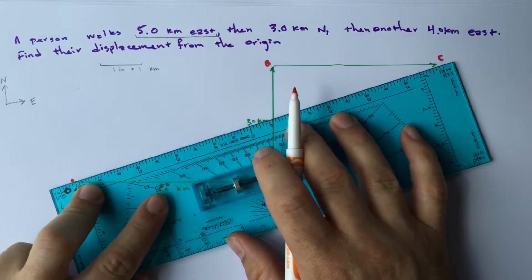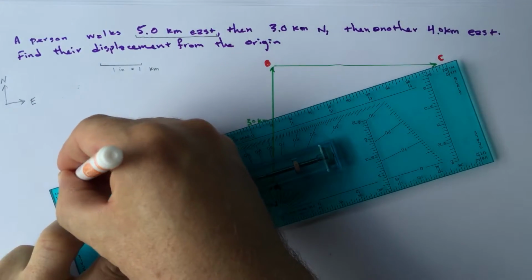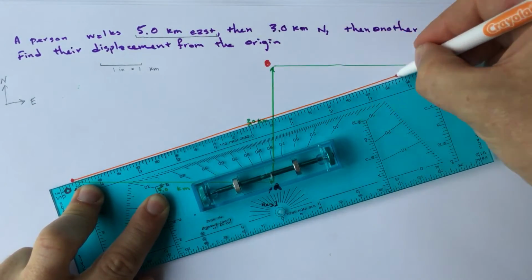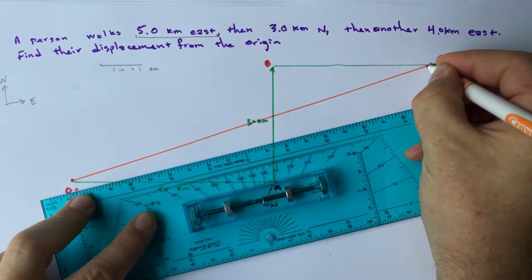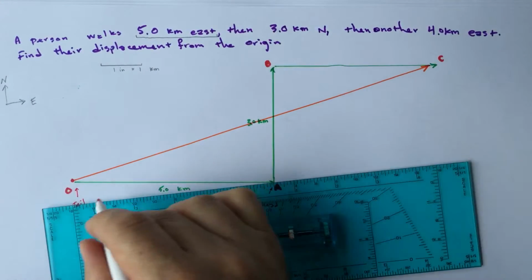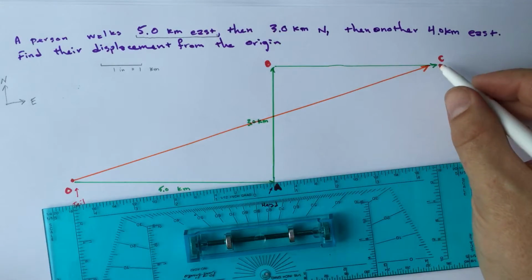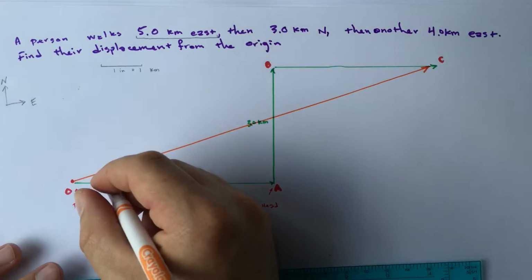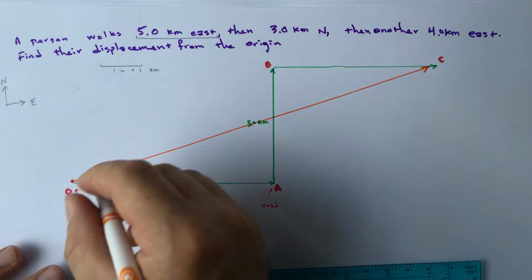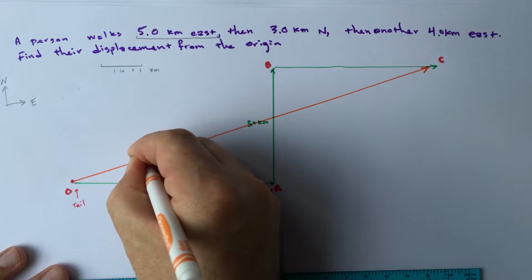And we can represent this with a vector that starts at the origin and points towards their location, C. This is the answer to our problem, this vector. And this vector is something that we call the resultant.